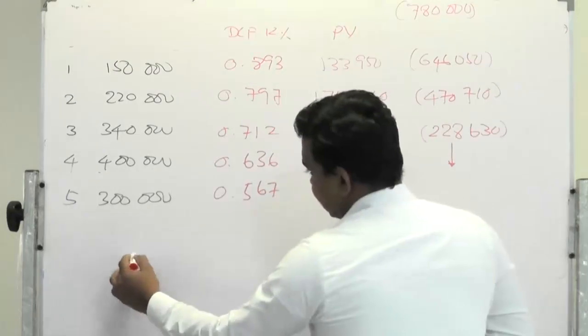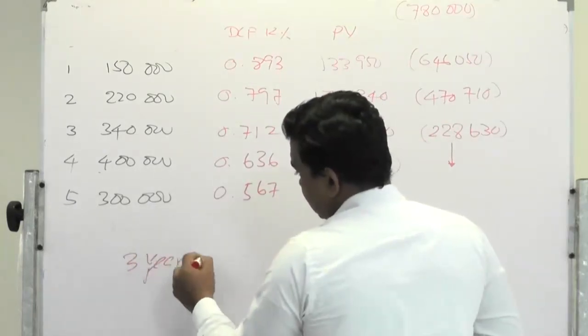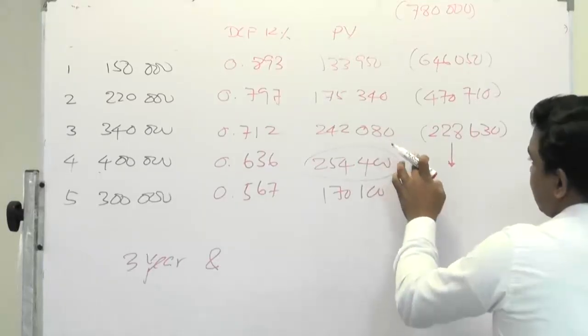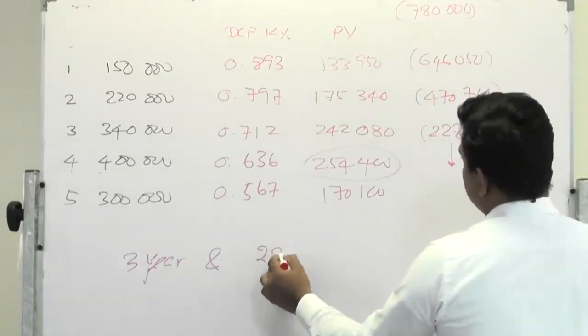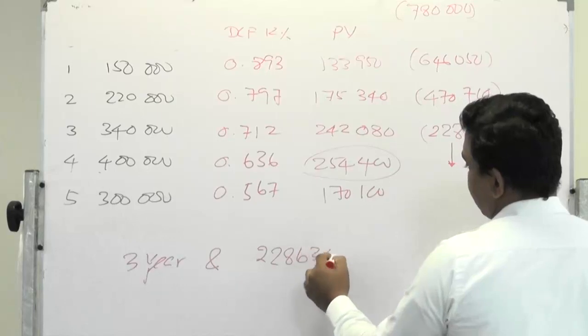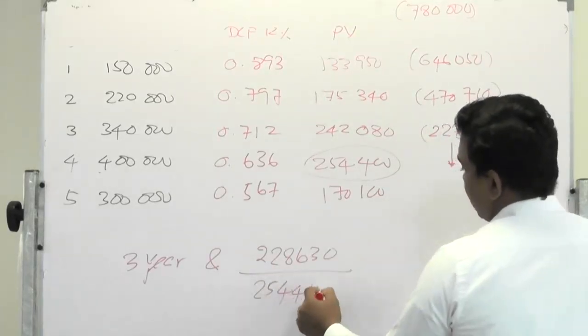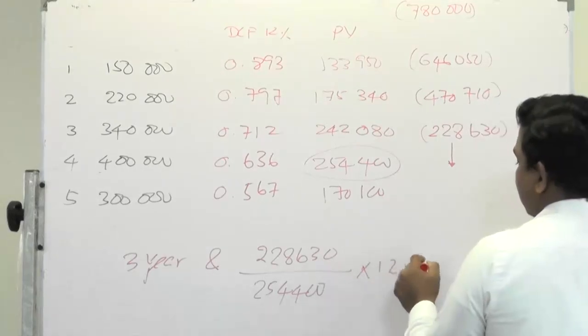Therefore we can set 3 years and a number of months. You need to recover 228,630 out of 254,400 into the number of months.